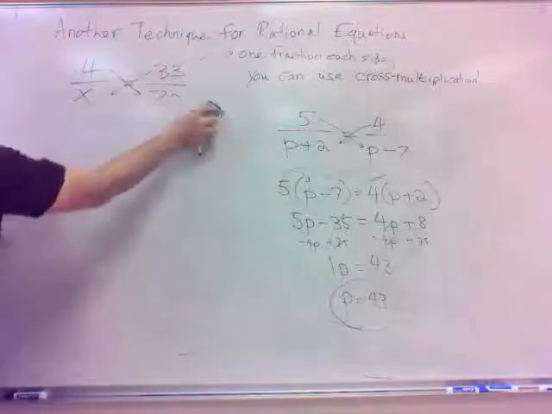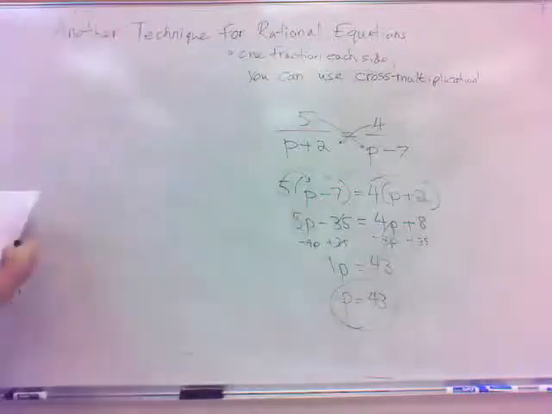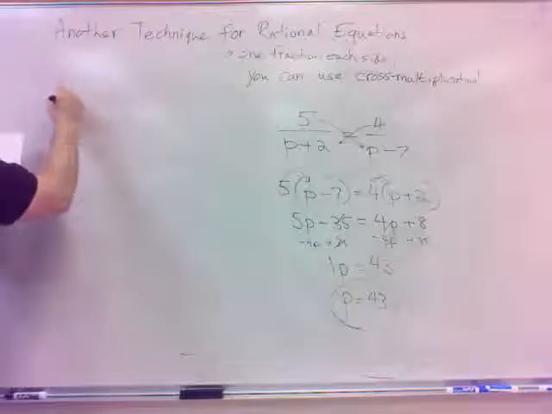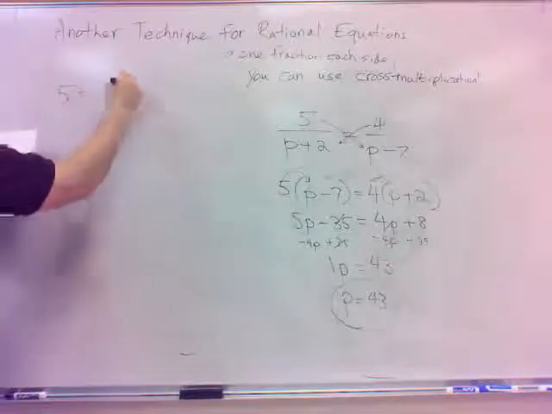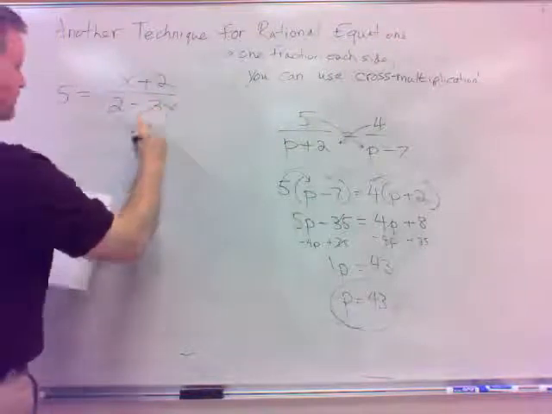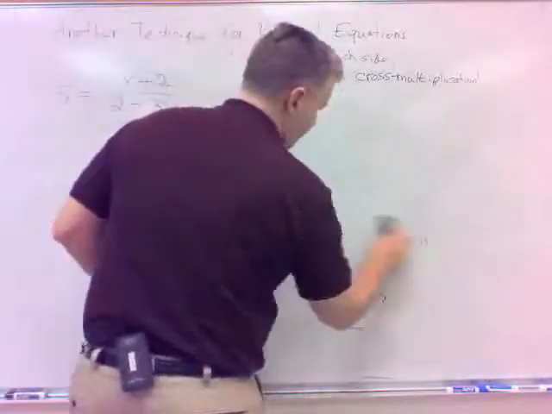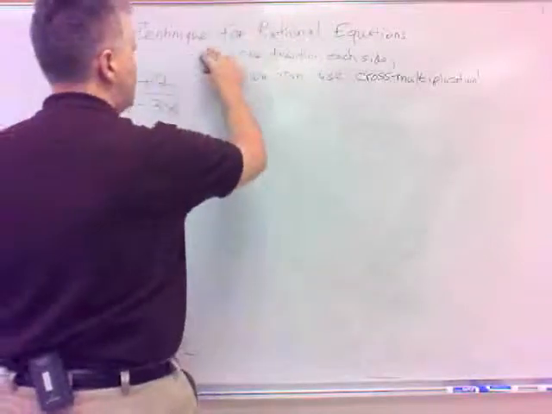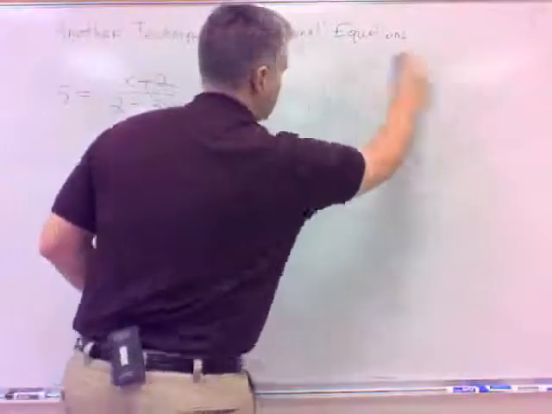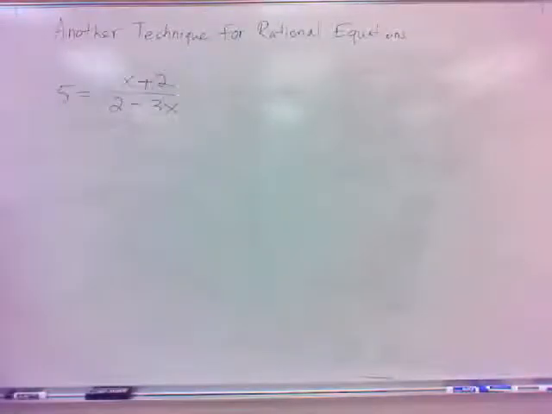Now, let me show you one more. Something looks a little different. Let's say we've got 5 equals x plus 2 over 2 minus 3x. One way to solve this is we can use cross multiply here as well.